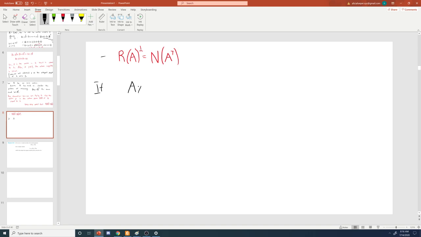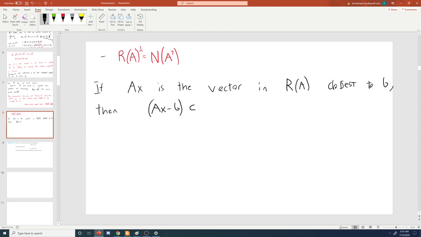If AX is the vector in the column space of A closest to B, then AX minus B actually has to live inside the orthogonal complement of the column space.